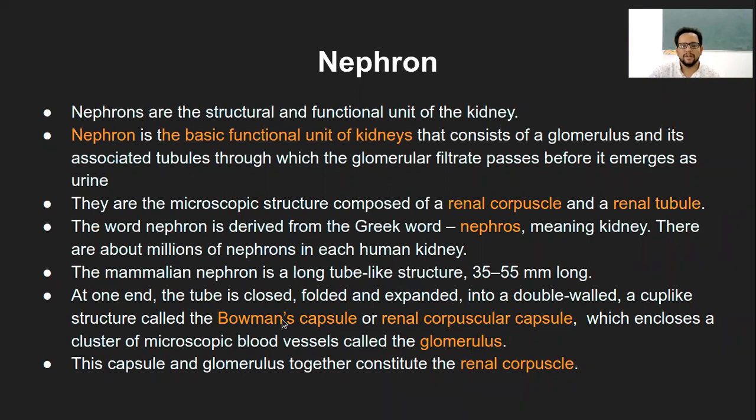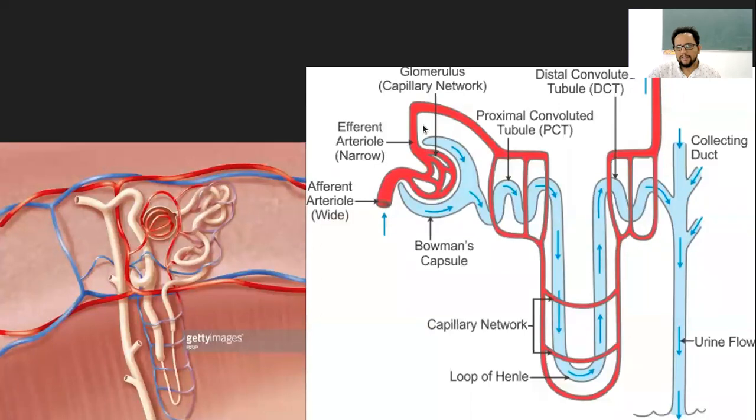That's how the distinction is made between the structures. So in this case, the whole of this thing is the renal corpuscle, and this blue part, a tube-like structure, is the renal tubule. Within this renal corpuscle, this capillary network is specifically called the glomerulus, and this cup-like structure is called Bowman's capsule. That is the distinction.